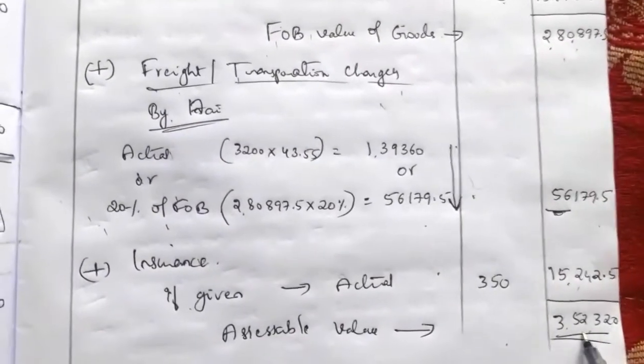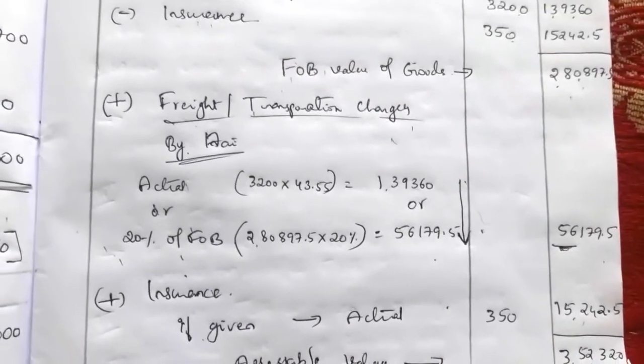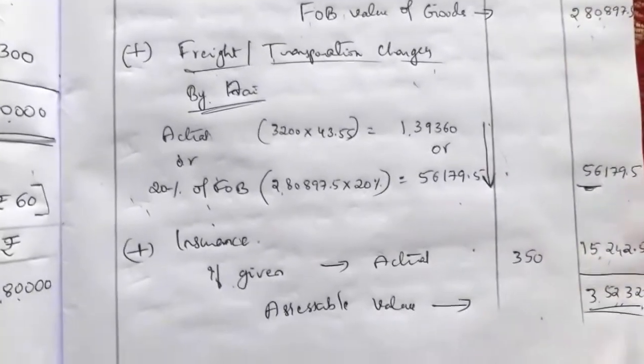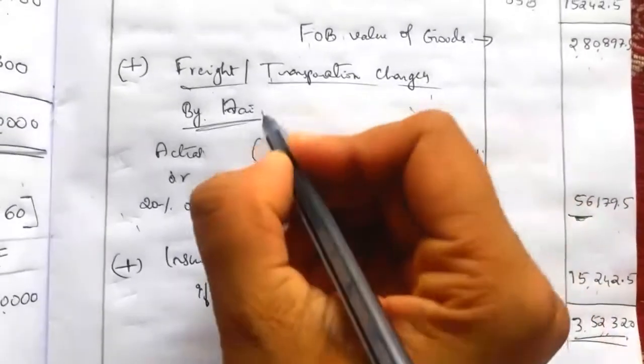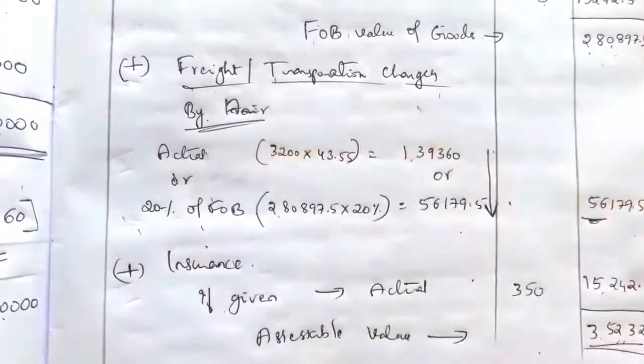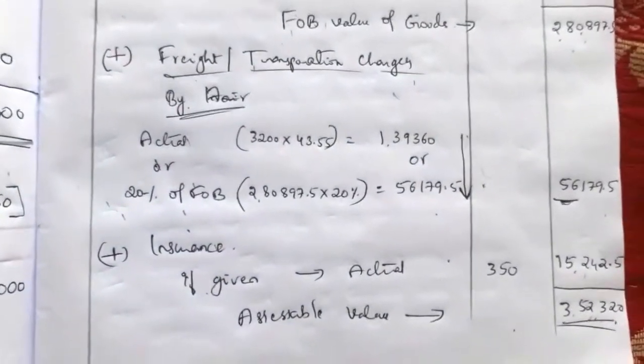So we will get the actual assessable value, 3,52,320. Okay, so this is the actual assessable value when the import is by air.